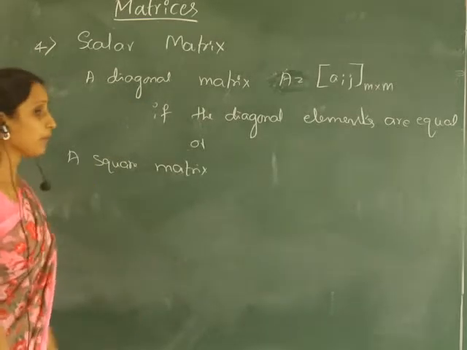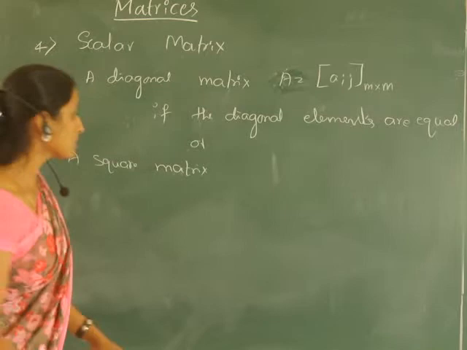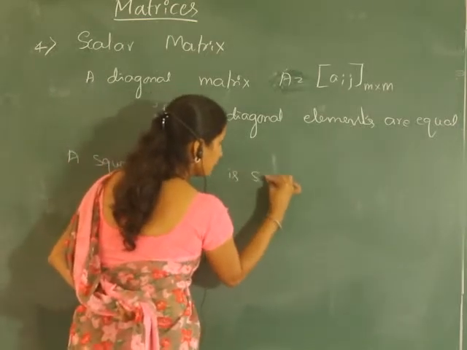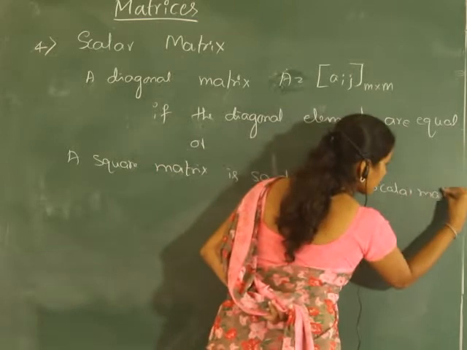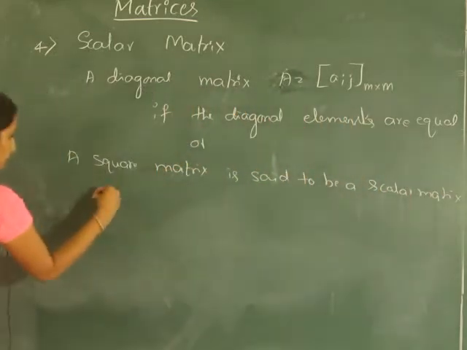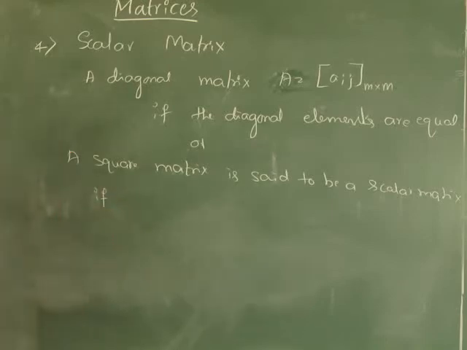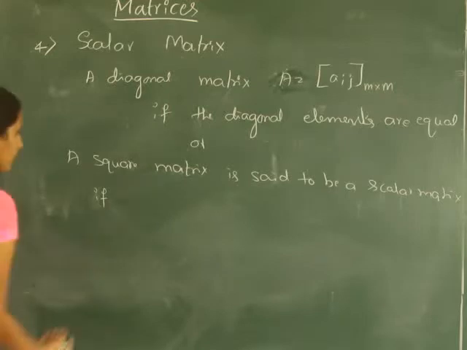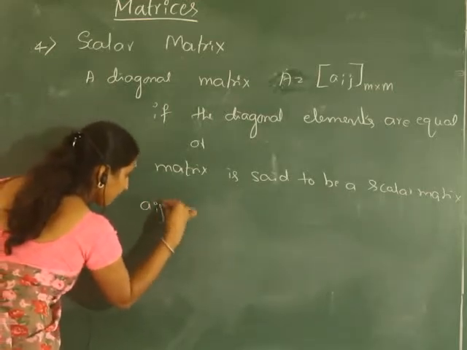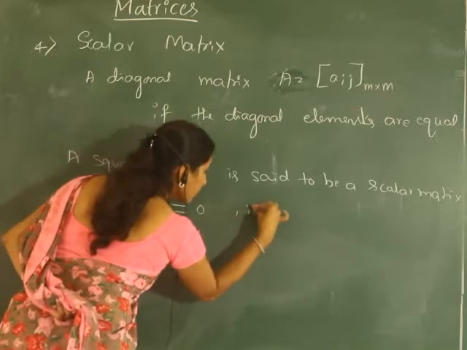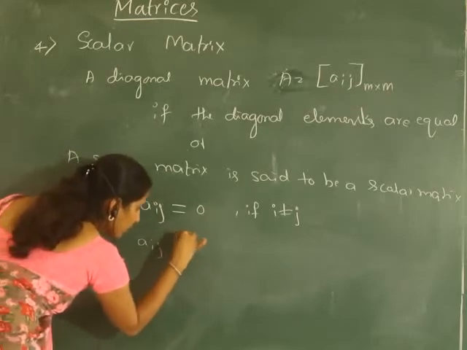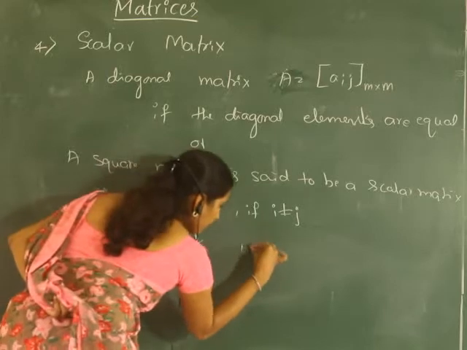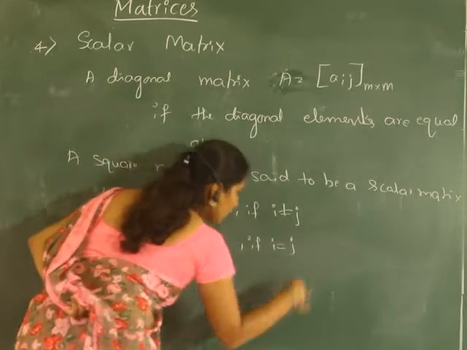A square matrix is said to be a scalar matrix if, with the matrix A equal to [Aij], Aij equal to 0 if i is not equal to j, and Aij equal to any constant if i equal to j.